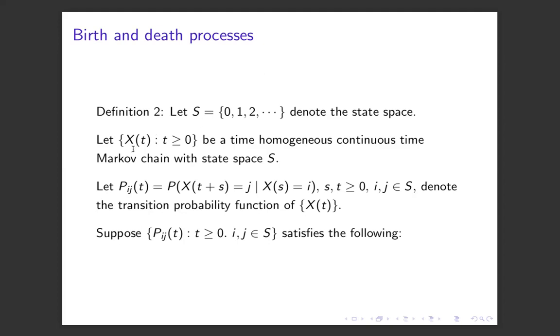So let Xt be a time homogeneous continuous time Markov chain with state space S, that is non-negative integers. Let P_ij(t) denote the transition probability function of this continuous time Markov chain.